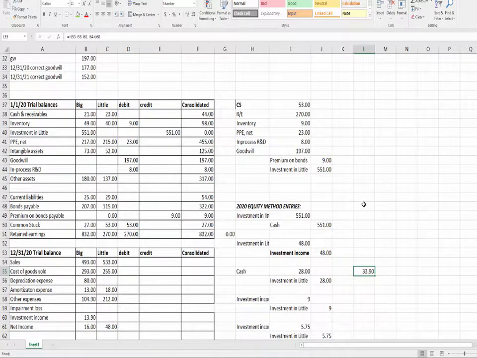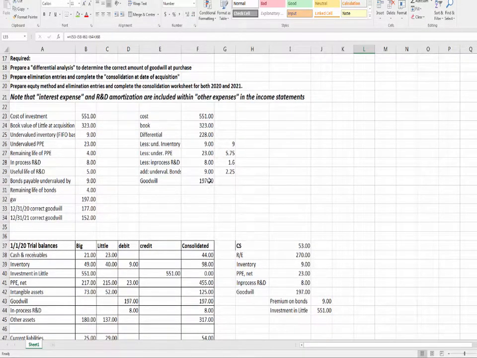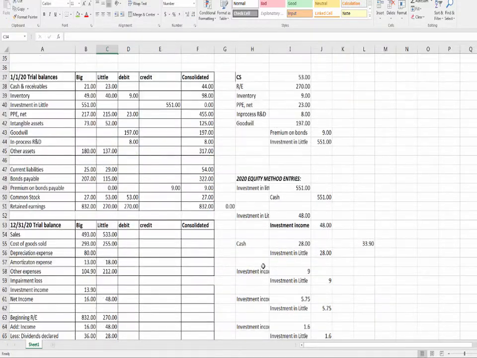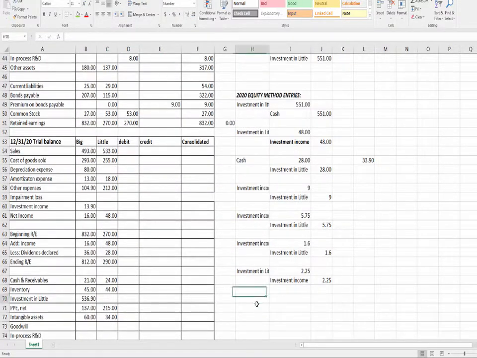The impairment loss. Again, we created goodwill of 197. At the end of the year, it turns out it's only worth 177. So we've got a $20 impairment loss in 2020. So we're going to reduce our investment income by that $20, just type in 20, and decrease our investment in Little.